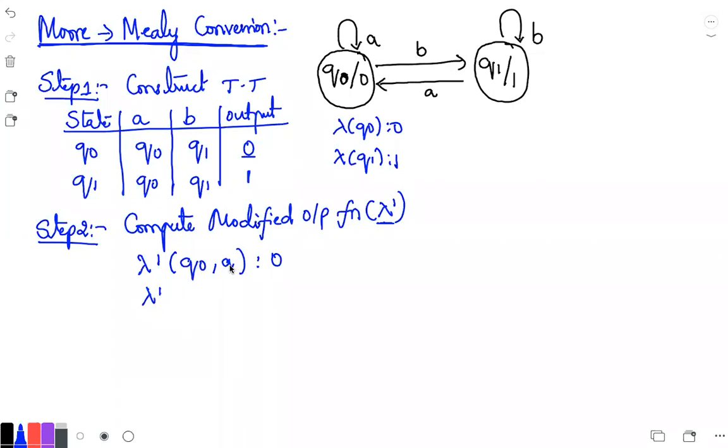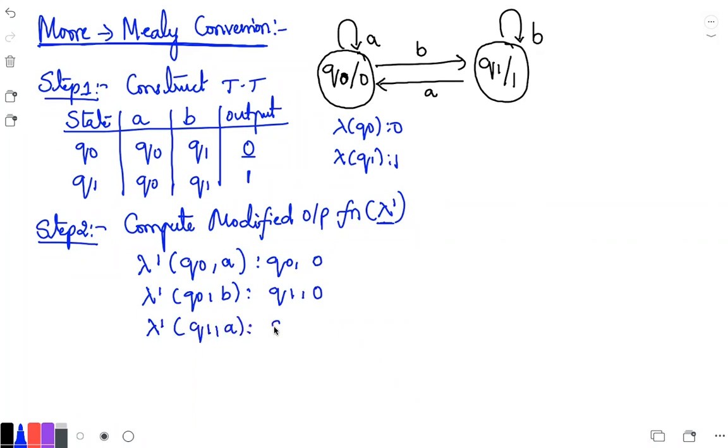Yeah. So Q0 on A, the output is 0. The same for Q0 on B. One second, I will write the next state and the output format. That's why the conversion becomes easy. So Q0 on A is Q0 with output 0. Q0 on B, Q1 with output 0.